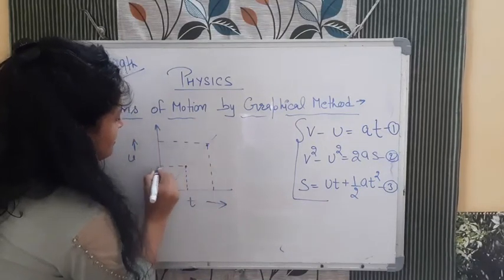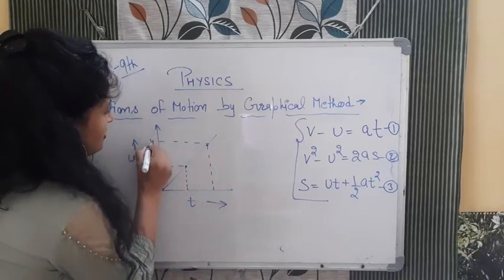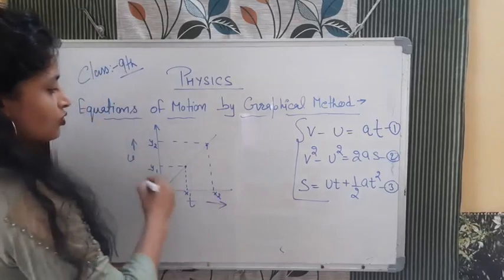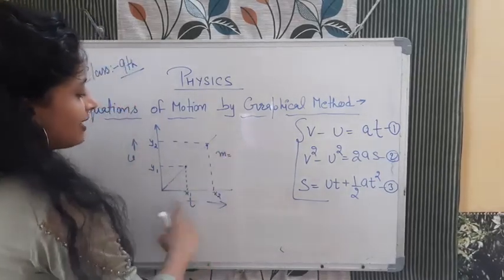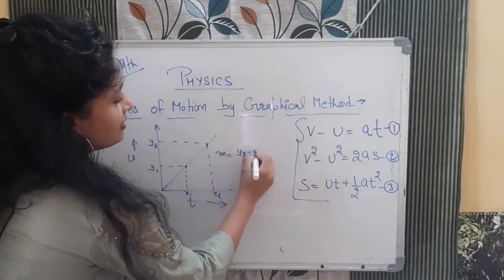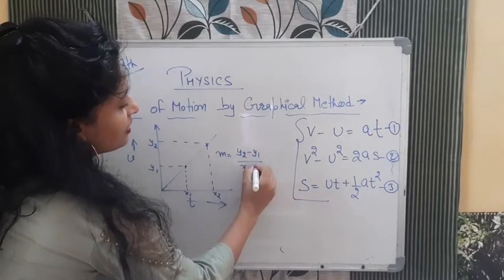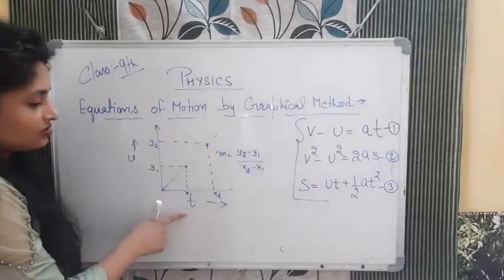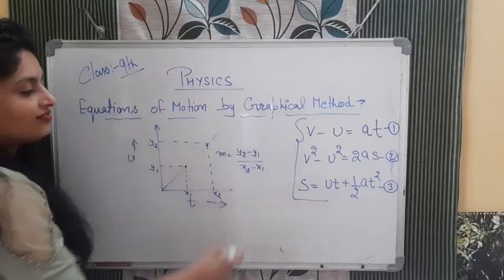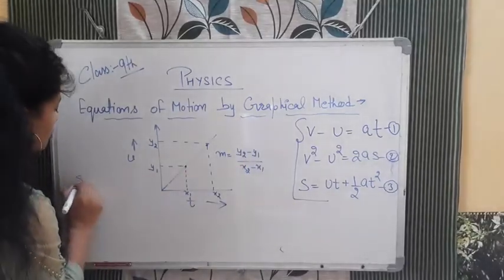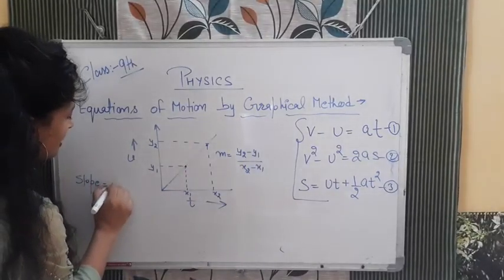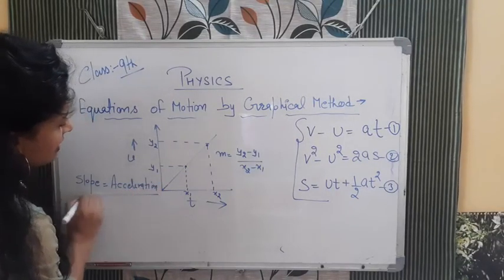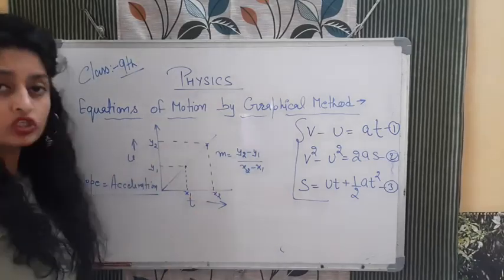The first intercepts are y1 and x1, the second are y2 and x2. The formula is m equal to y2 minus y1 divided by x2 minus x1. On the y-axis is velocity and on the x-axis is time, so change in velocity divided by time is acceleration. So the slope of this graph is acceleration. We can calculate acceleration with the help of this graph.